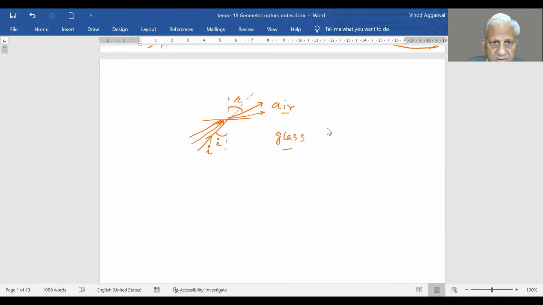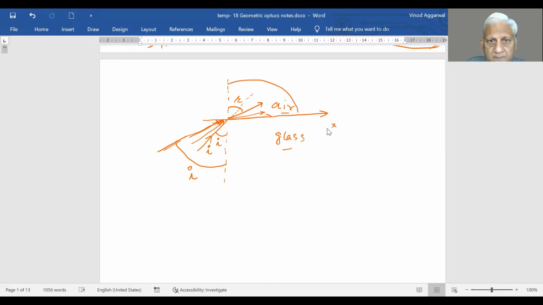If you further increase the angle of incidence, a situation will come when the refracted ray is just along the axis, so our refracted ray becomes parallel to this axis.